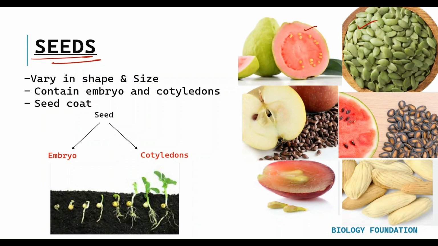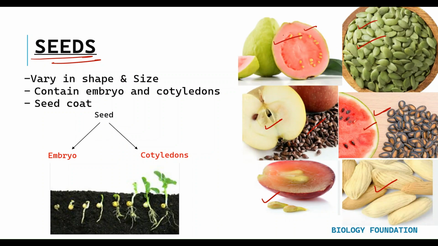And these are seeds of pumpkin. Here you have seeds of apple, watermelon, grapes, mango. Some seeds are large, some are very small, some are oval shaped, some are droplet in shape, right? Some are colorful, like if you see apple seeds and the watermelon seeds are brownish black, okay, whereas pumpkin seeds are greenish in color.